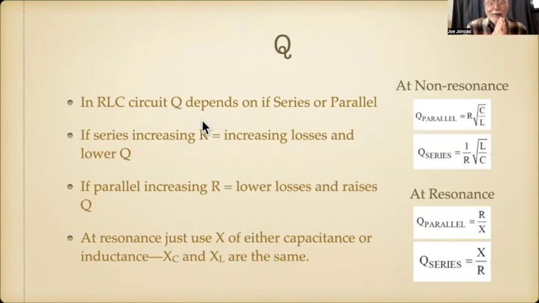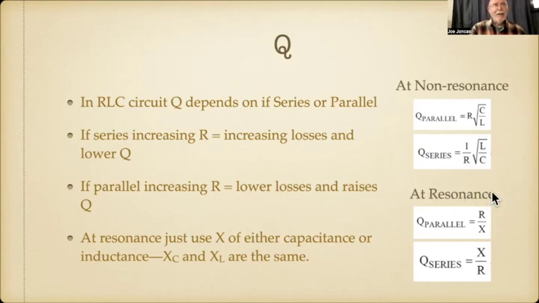Folks, I hope I can present this to you. I'm not sure of my full understanding of it. If we are at non-resonance, we use these formulas for an inductor and capacitor in series or parallel to figure out what the Q is.